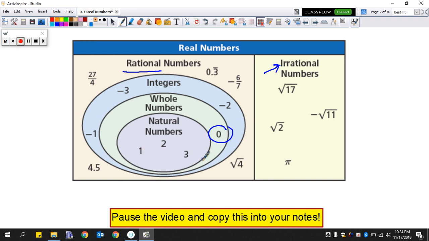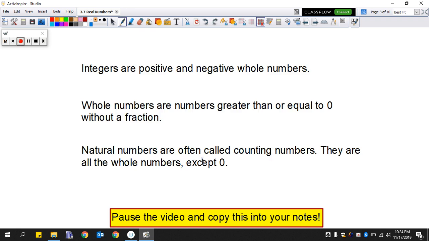Okay, so copy this little drawing into your notebook. Right, these little notes here. Integers are positive and negative whole numbers. Whole numbers are numbers that are greater than or equal to 0 without a fraction part.